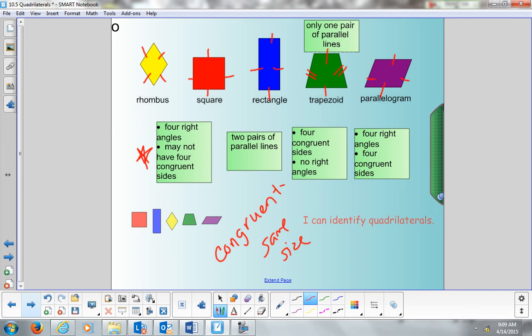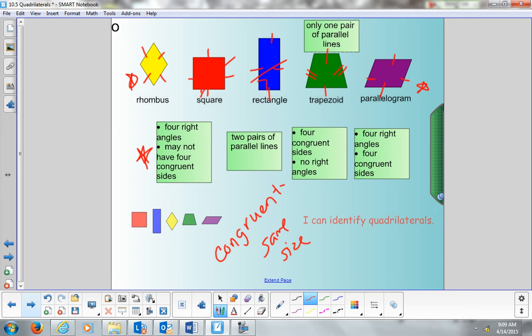Okay, so same size sides and no right angles. Okay, well this has a right angle. This has a right angle, so those are out. All right, so this does not have any right angles. This does not have any right angles. All right, so let's see. 4 congruent sides, no right angles.